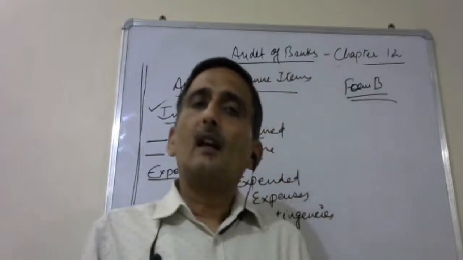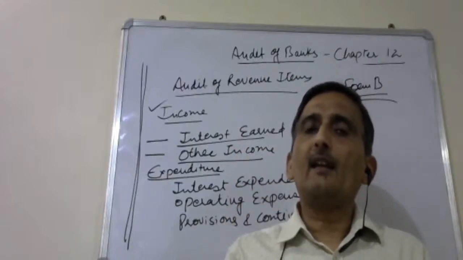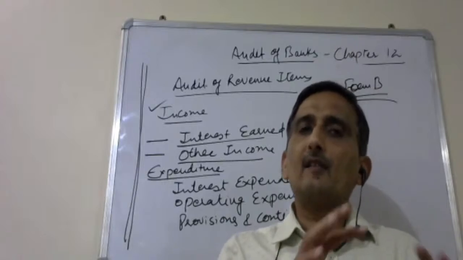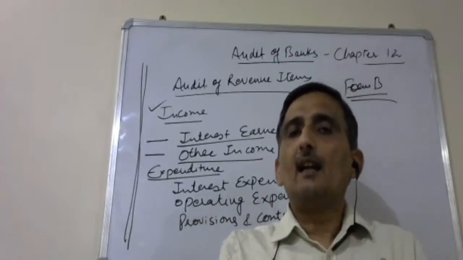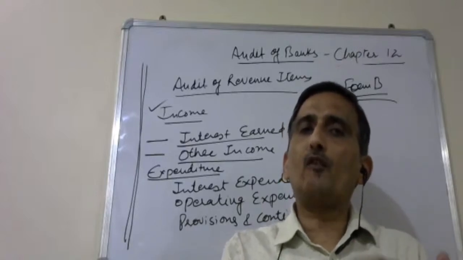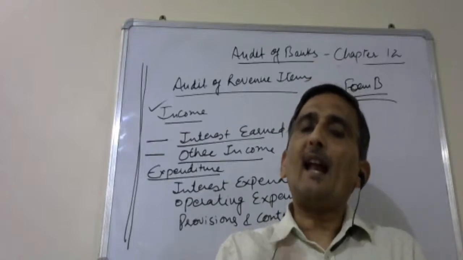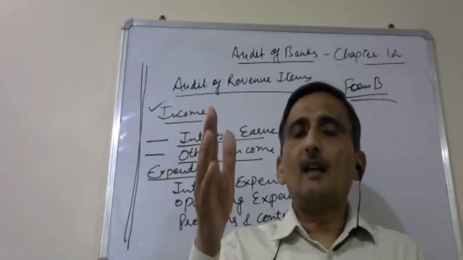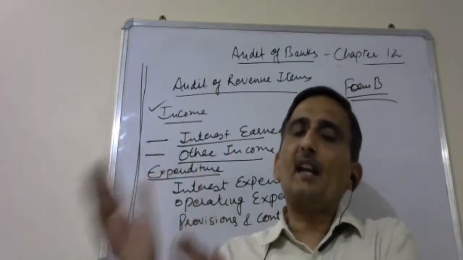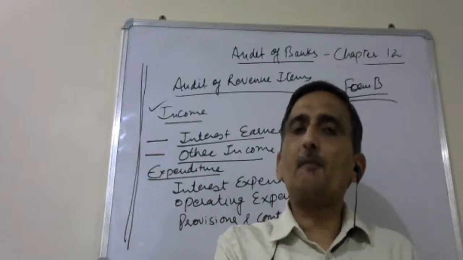The auditor can call for monthly balances of various heads, like the monthly balance of saving accounts and of fixed deposit accounts, and verify the interest paid against the average balances.